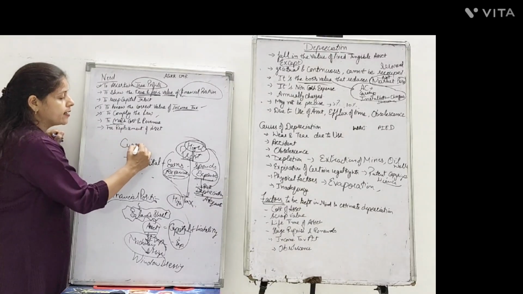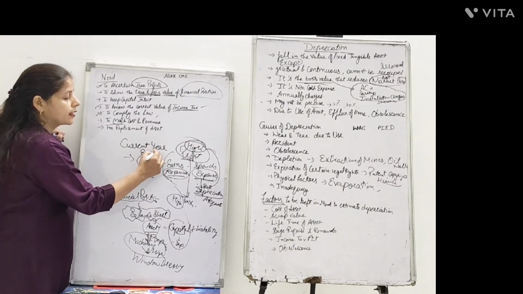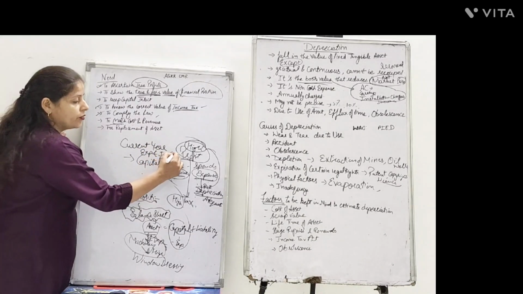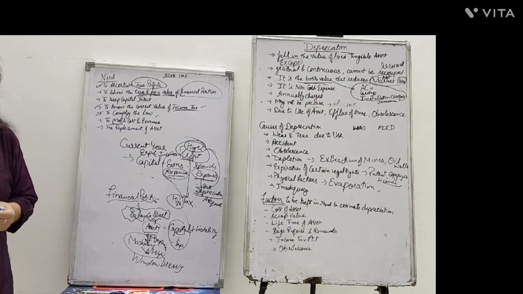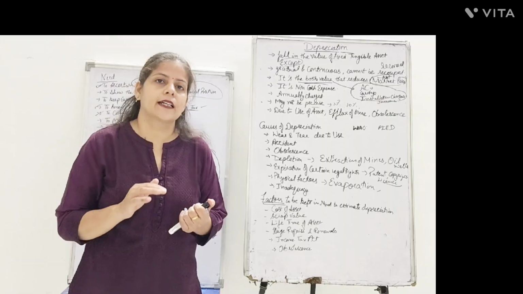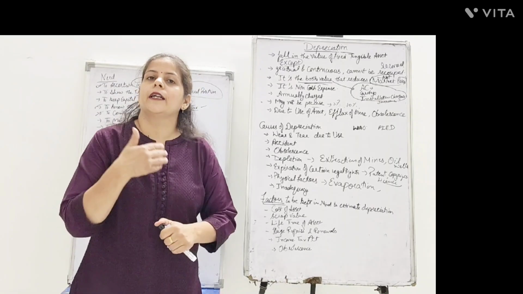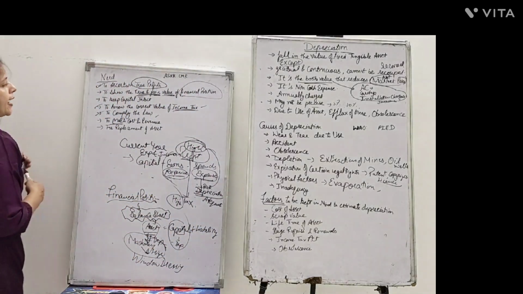Current year expenses should be matched with the current year incomes to find out the correct value of your profits. If you are not doing that, then your profits might be shown at a higher value and you might be paying higher tax. So avoid that. You should charge depreciation at the right rate.